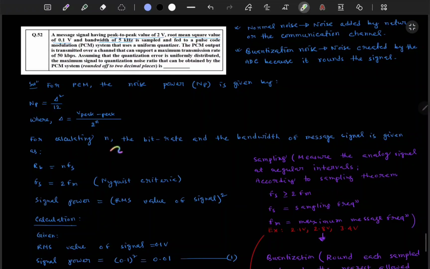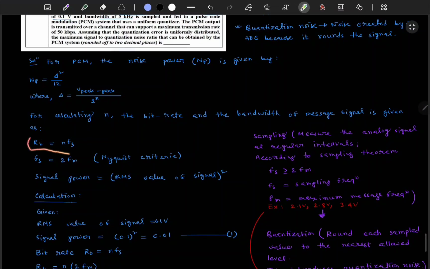So we need to find RB equal to n Fs, this is the bit rate formula, where Fs is the sampling frequency. Fs equals 2 fm, this is the Nyquist criterion.